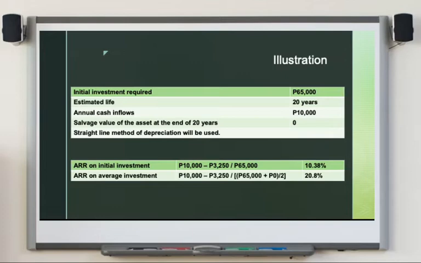Should there be any changes within the year, then the beginning balance of the initial investment is different from the ending balance of the investment. And therefore, ARR using an average investment is 20.8%.